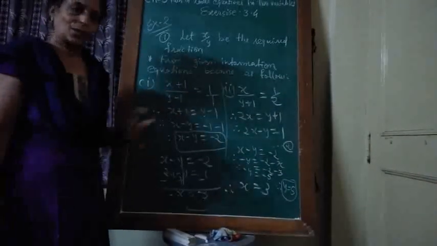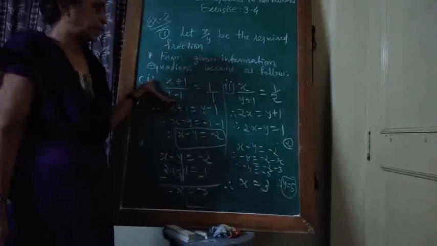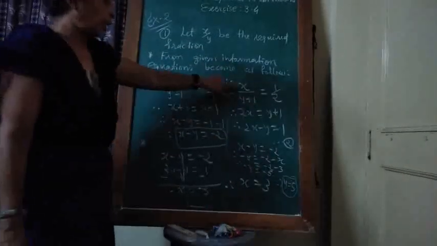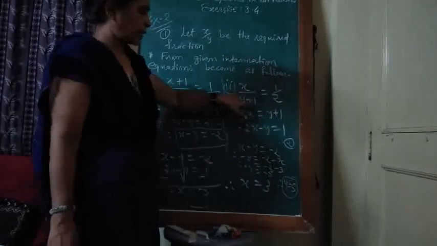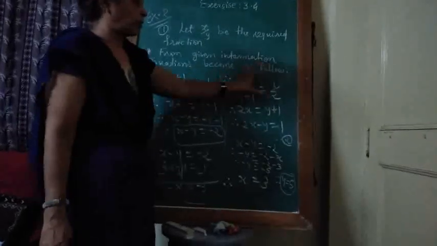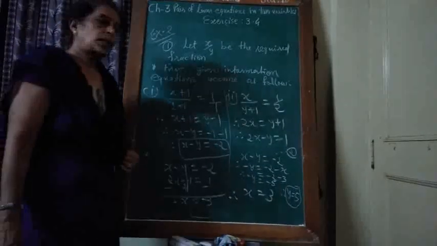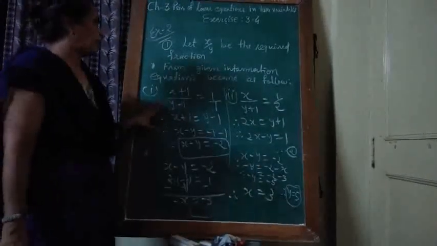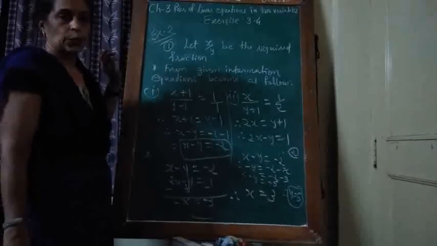Also 3 upon 5 plus 1, that is 6, so 3 upon 6 is 1 upon 2. So this value satisfies both the equations, and this way I have completed the first part of example 2.